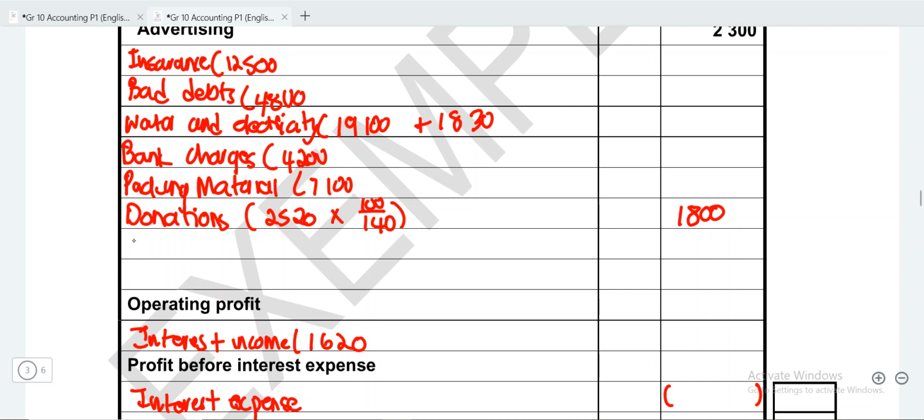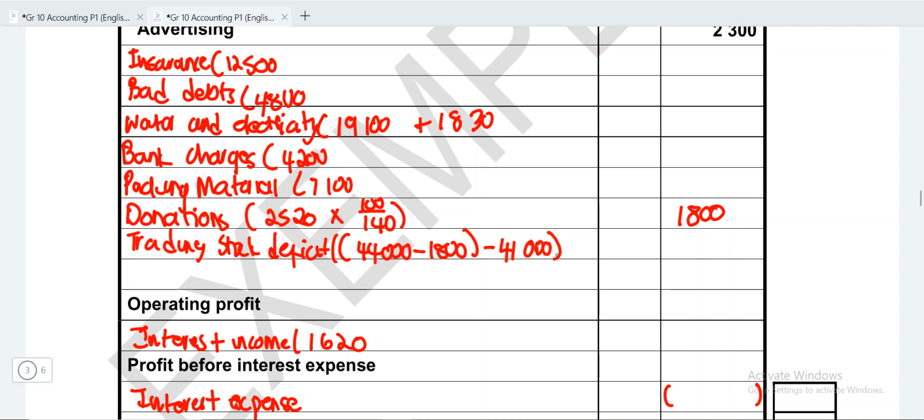So that part will come here, trading stock deficit, and then we're going to say 44,000 minus 1.8, and then minus 41,000, it will give us that shortage of that stock. So let's do that calculation very quickly.